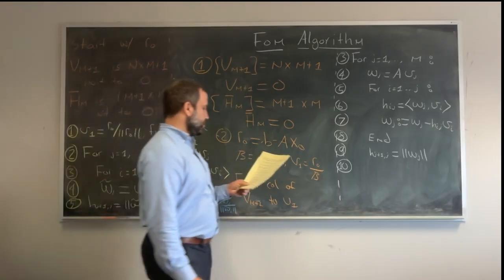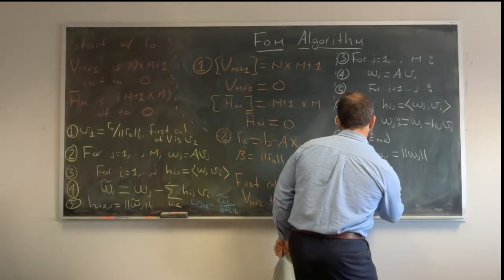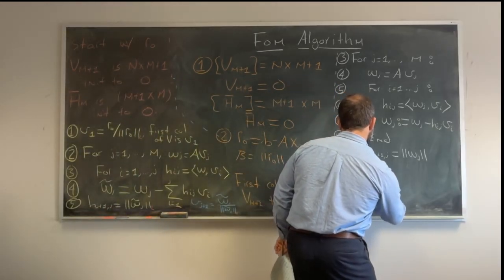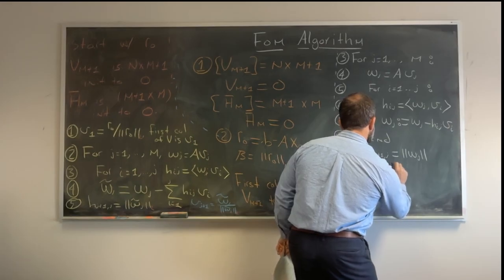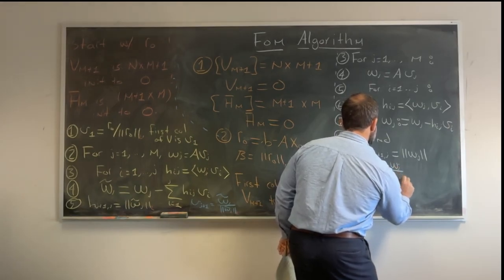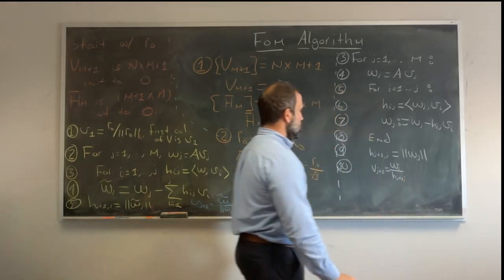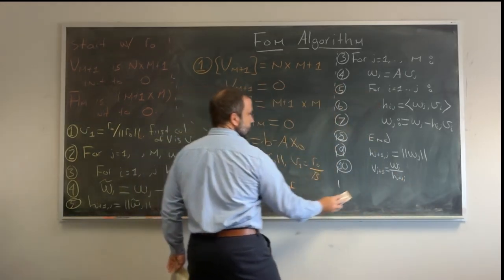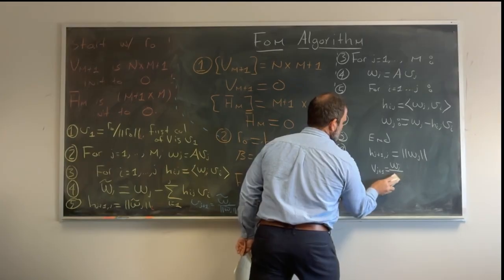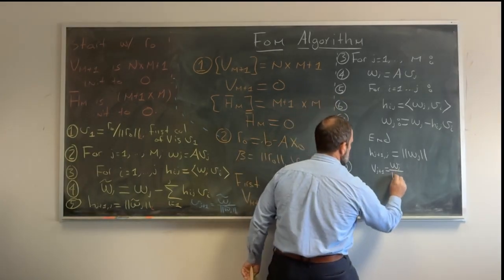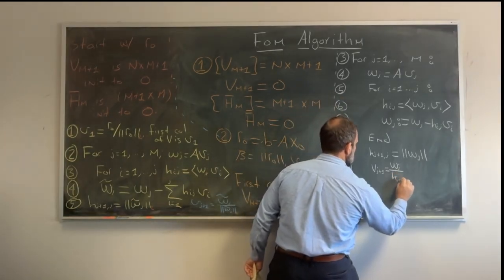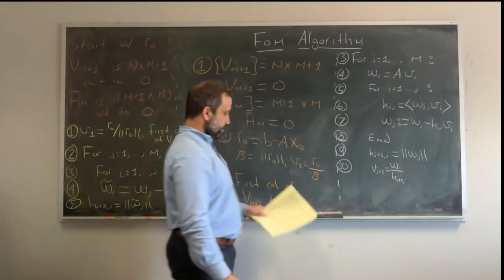Item 10 is vj+1 is going to be equal to wj over its magnitude, this is hj+1,j.